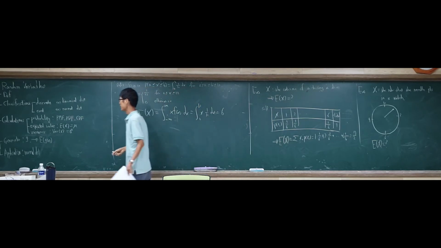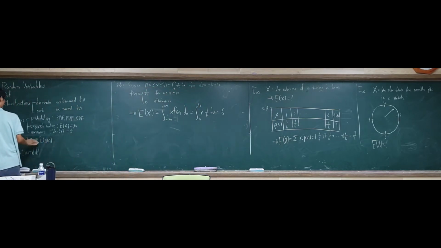Now we consider a new random variable from an old one, by plus or minus. Actually, we can consider multiplication and division, but usually it's very complicated if we consider various kinds of new random variables.